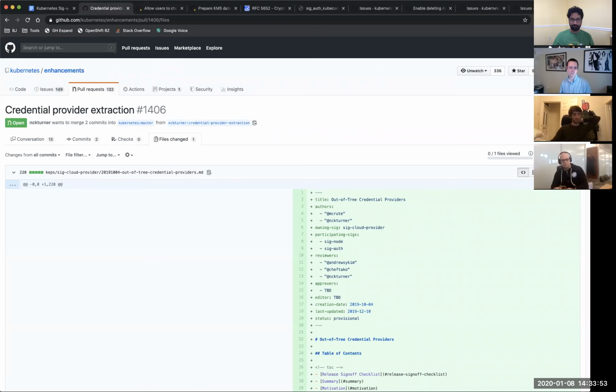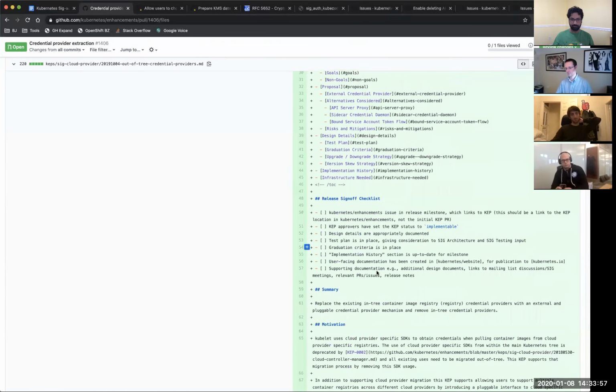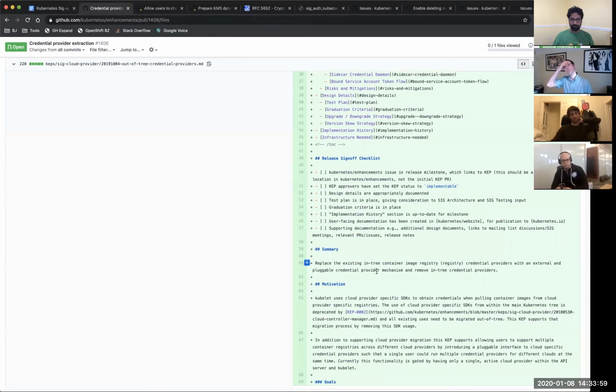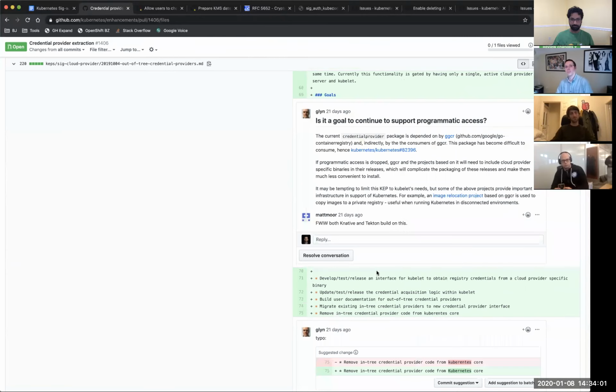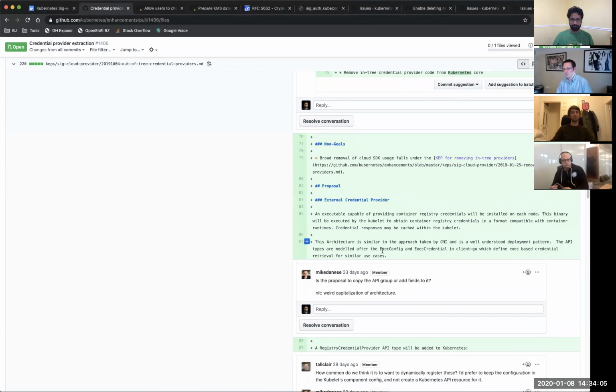You write a credential provider once in the kubelet, and it works everywhere. But that doesn't mean that it needs to be standardized in the kubelet, just that standardization has been beneficial. Okay.